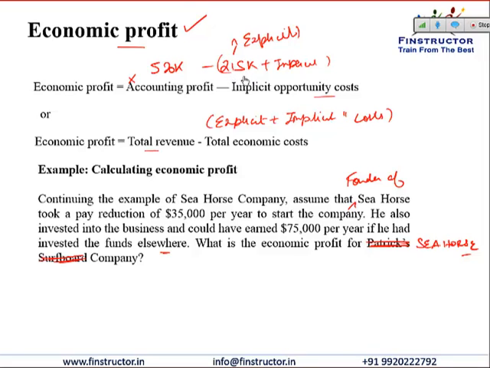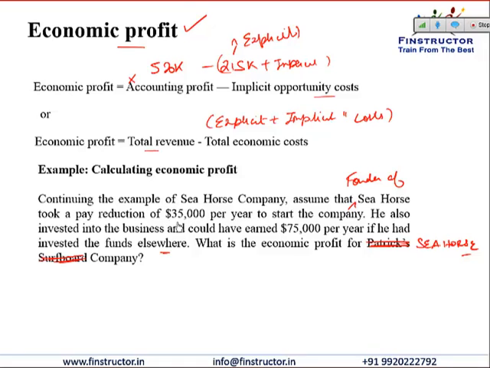However, it is also noteworthy that the founder paid himself a salary lower to the extent of $35,000 because he had just started the company, so he didn't want to probably overburden the company.